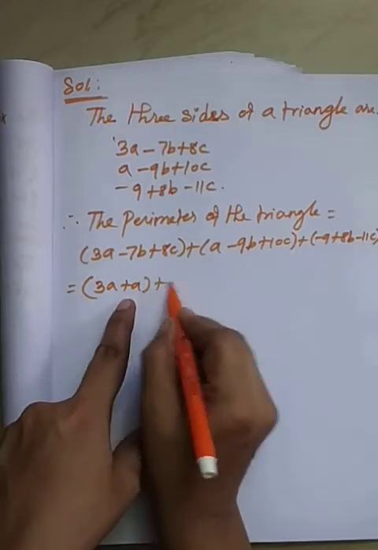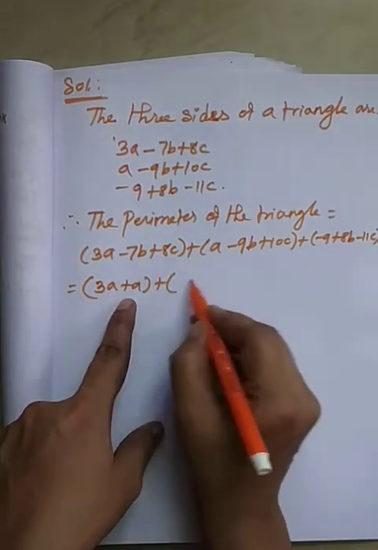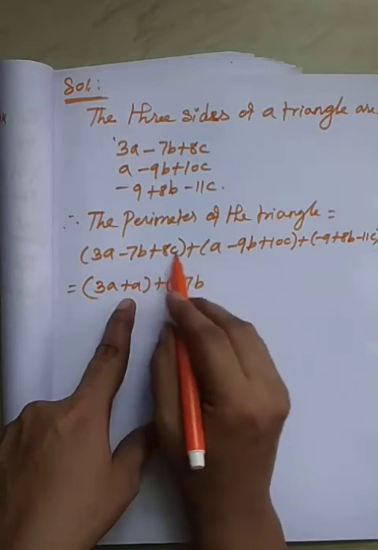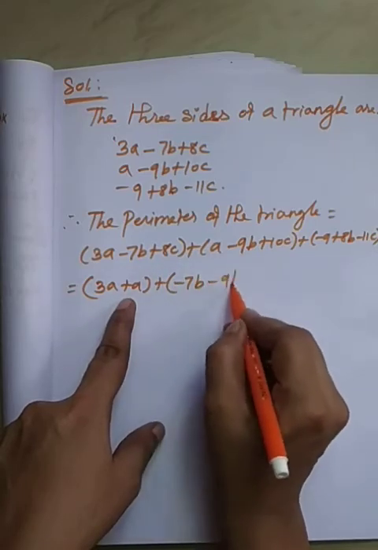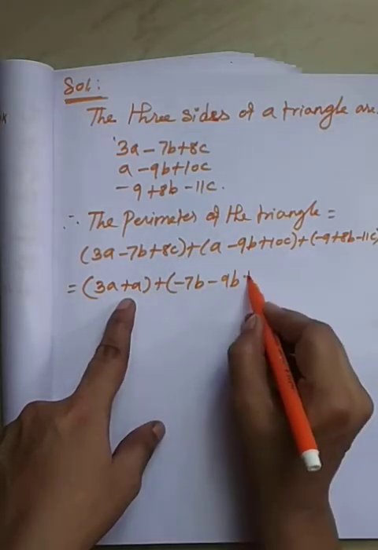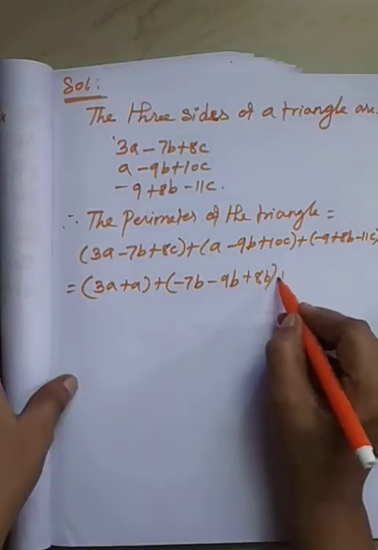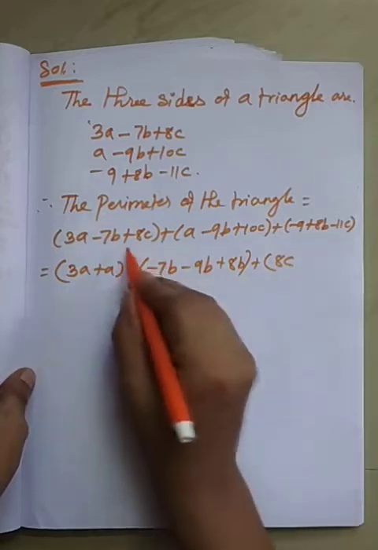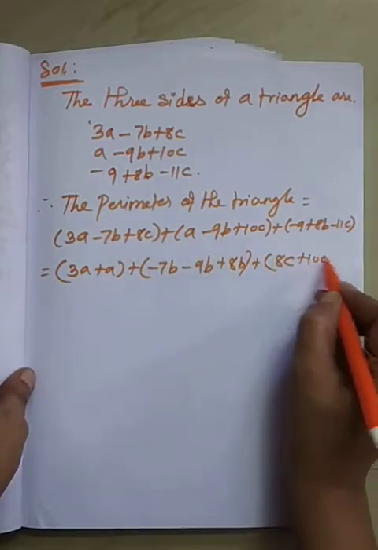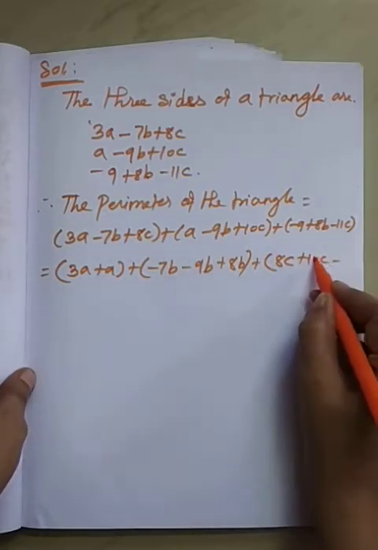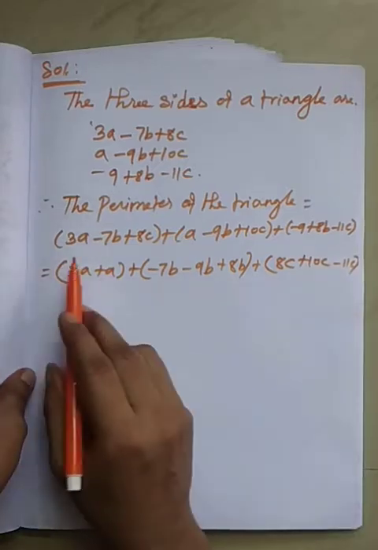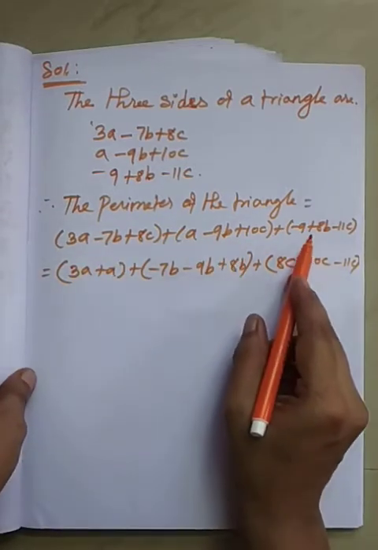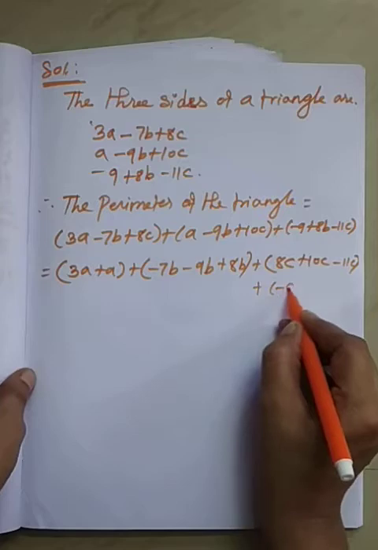Next the b terms: minus 7b, here minus 9b, in this one plus 8b. Next the c terms: 8c plus 10c minus 11c. Any other constant? Yes, minus 9 is here, so you put minus 9.